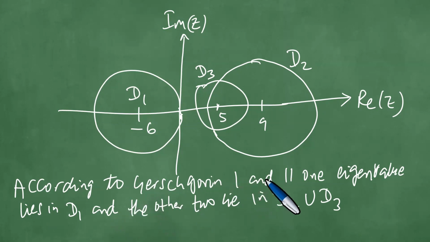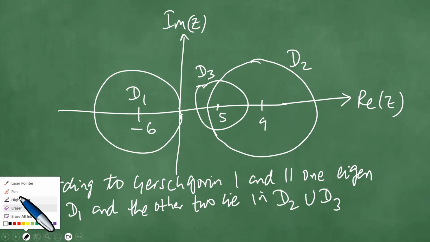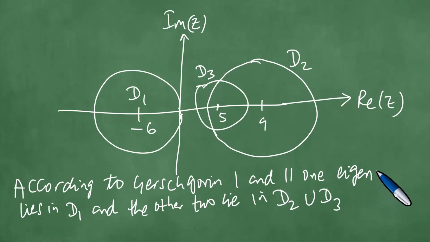According to Gerschgorin theorem 1 and theorem 2, one eigenvalue lies in disk 1, and the other 2 lie in the union of the disks.